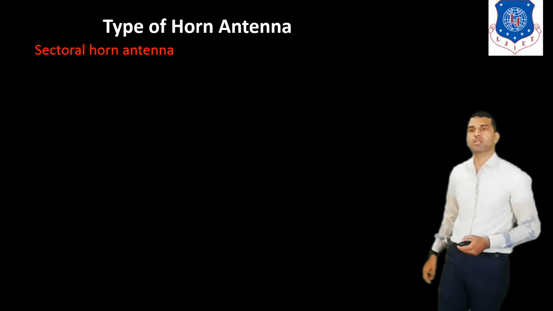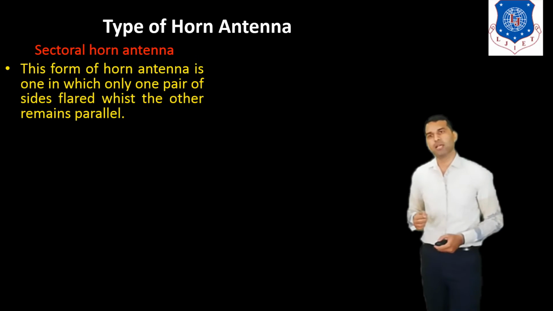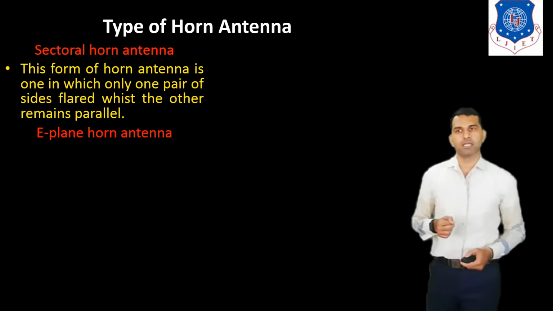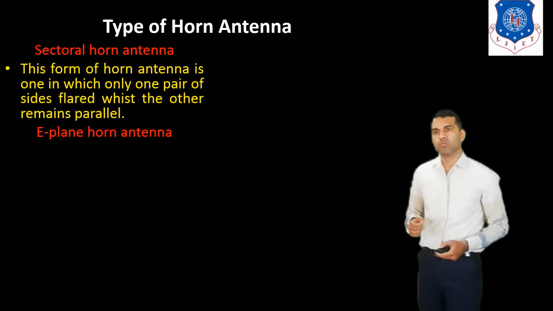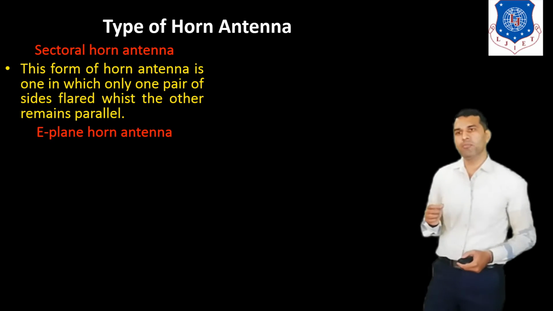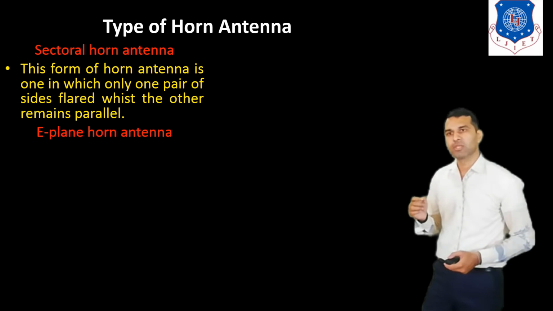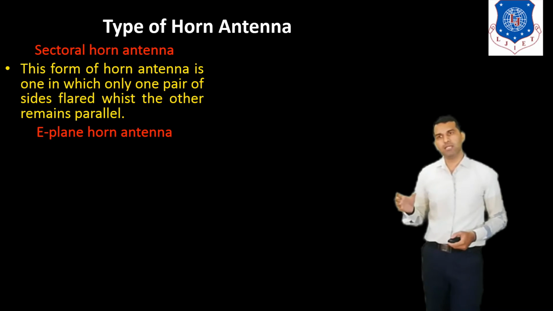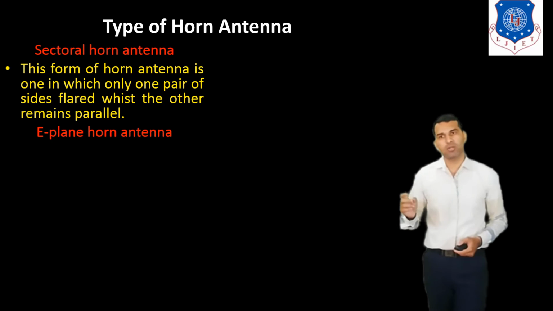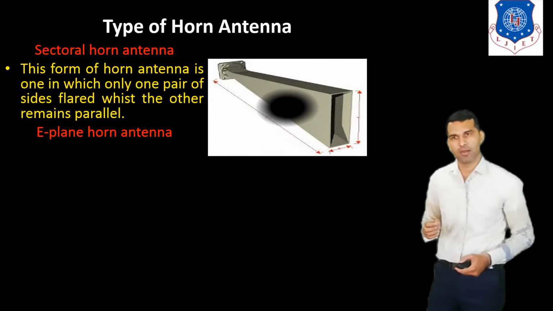Now we discuss the second type of antenna, the sectoral horn antenna. This form of horn antenna is one in which only one pair of sides flares while the other remains parallel. Mainly this antenna has two types. The first one is the E-plane horn antenna.